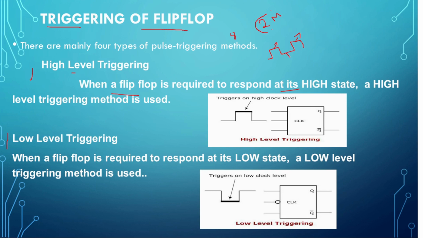When the triggering occurs in this place, it is known as high level triggering. When the triggering occurs in the low level, that is the 0 value, it is known as low level triggering. This is the logical symbol of the clock. So when the triggering occurs in the low state, it is known as low level triggering. When the triggering occurs in the high state, it is known as high level triggering.